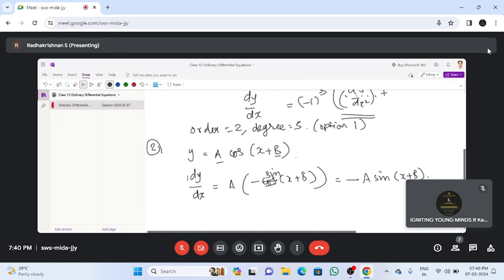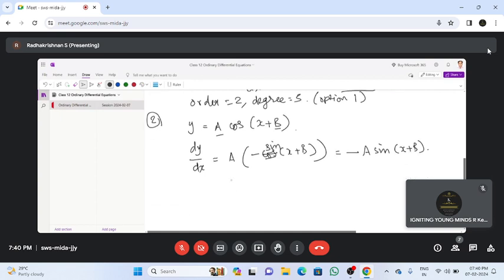Now you take the second derivative. d square y by dx square will be minus a cos x plus b. So you see that this is equal to minus y.